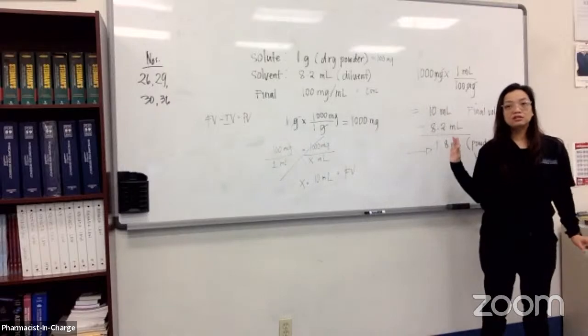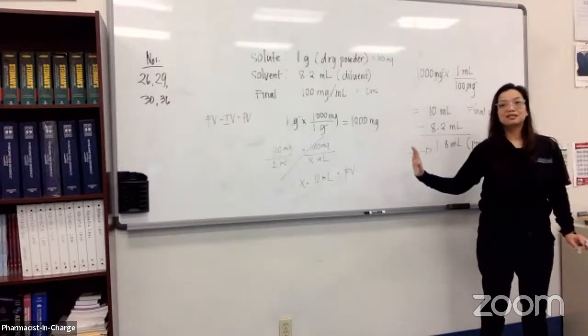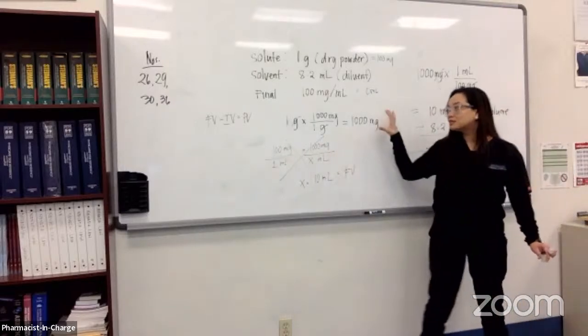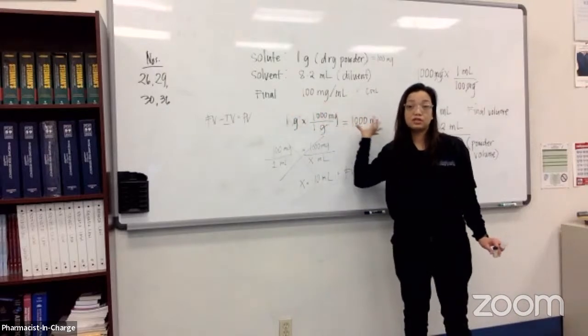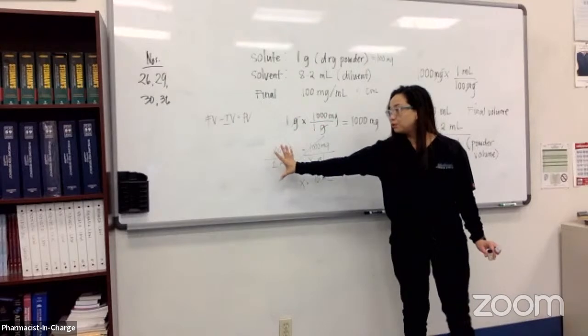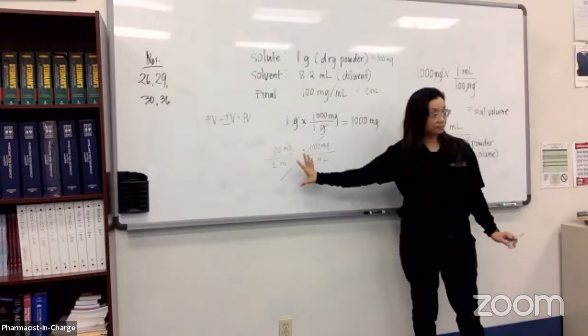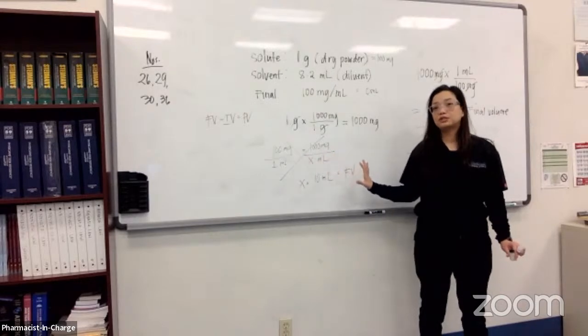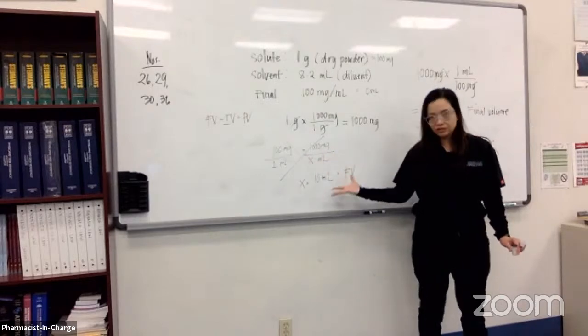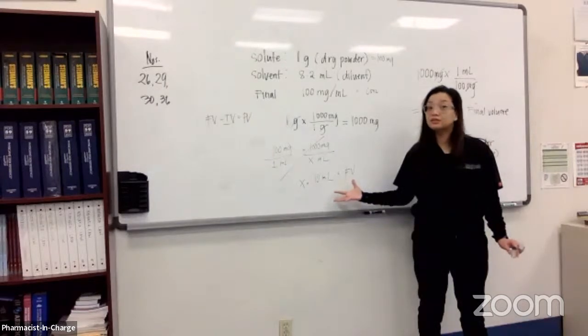Ratio and proportion? Who did it this way, or who understood it this way? For Roxy, it clicks in her head, so I'm not going to correct that. That's how she does it. But who understood it this way better? Because 90% of you like ratio and proportion, I wanted to present it the ratio and proportion way. You can still do it that way.